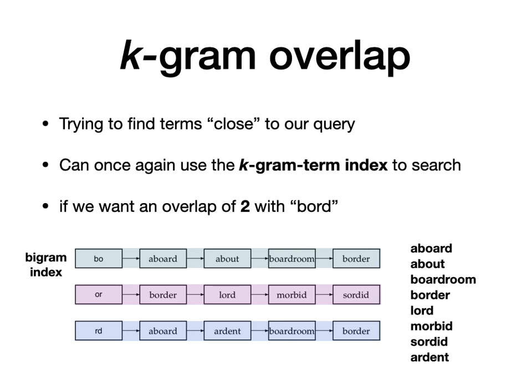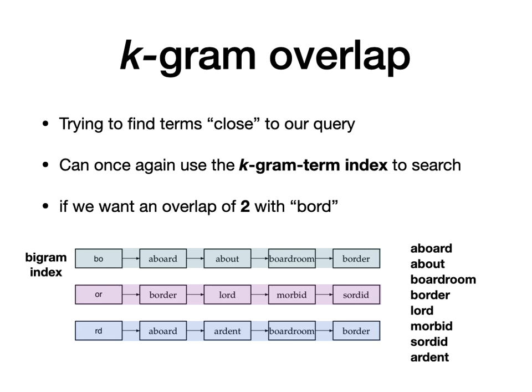And what's nice is that we can use the k-gram term index to find a set of words that has some minimum overlap to just say, which ones of these would even be close? So let's say we want to set a minimum overlap of 2 for the word board. Well, we have BO, which appears in lots of words, of course. This is our bigram term index.